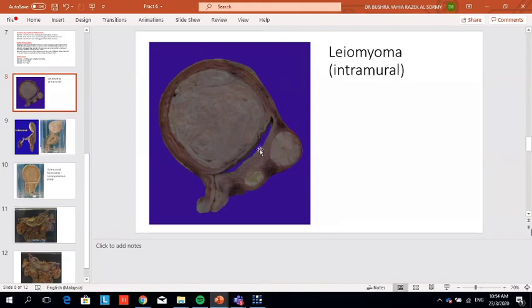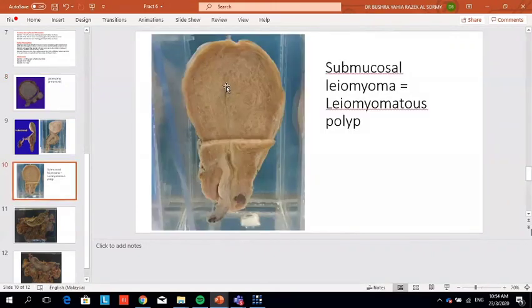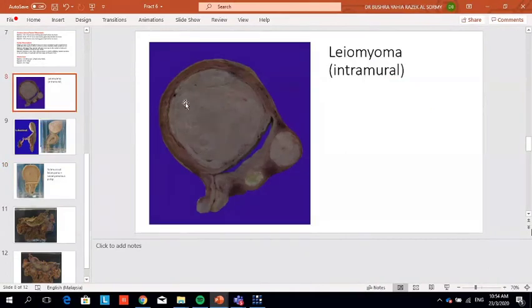Actually, endometrium should be in the center, like this one. But because the growing fibroid is compressing the endometrium to one side, it also compresses the myometrium.